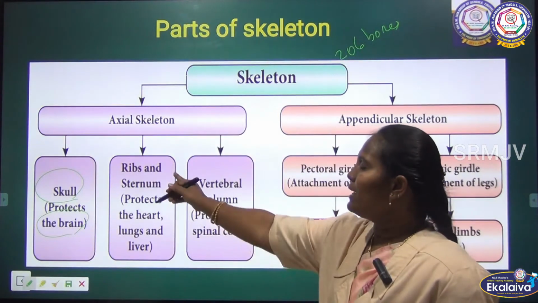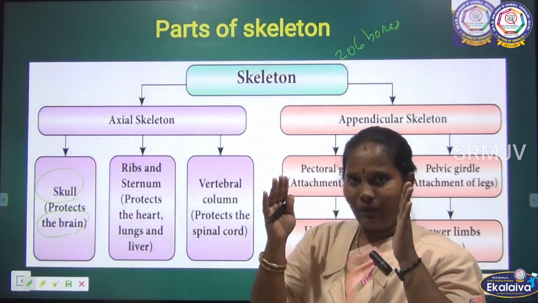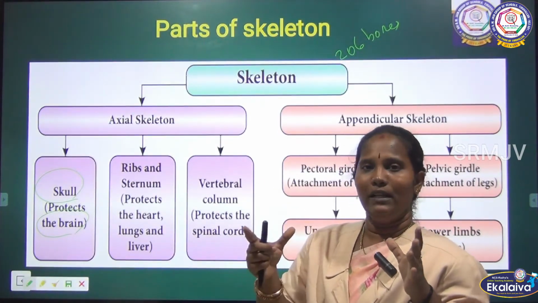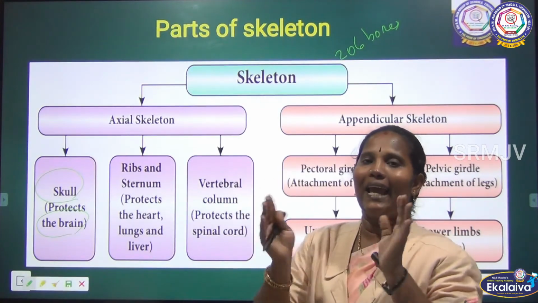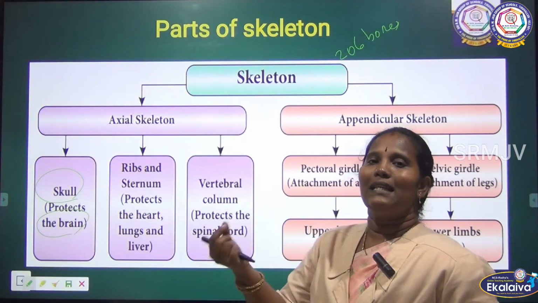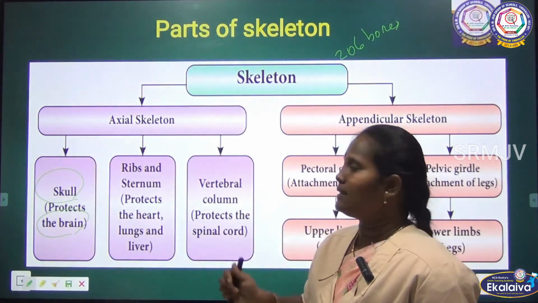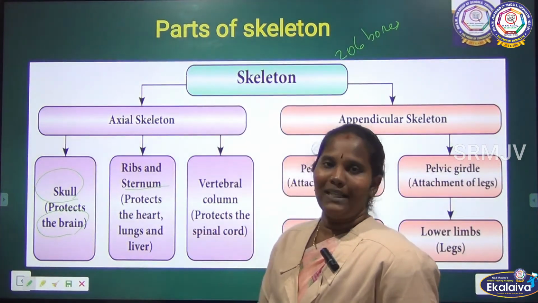Next are the ribs and the sternum. The breast cavity is covered with bones, made like a cage, and these are called the ribs. The ribs are separate bones. The breastbone is called the sternum.